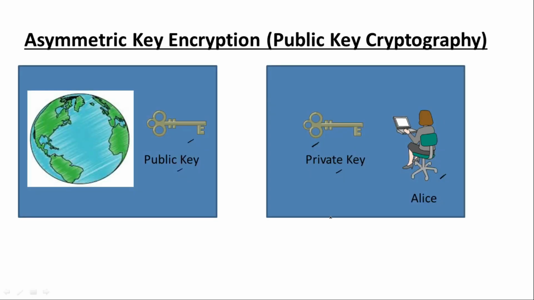She will declare that this is my public key, which is publicly advertised. If anybody wants to send a confidential message, use this key for encryption, and once I receive that encrypted message, the ciphertext, I will use my private key which only I have in this world, and I will decrypt the message.